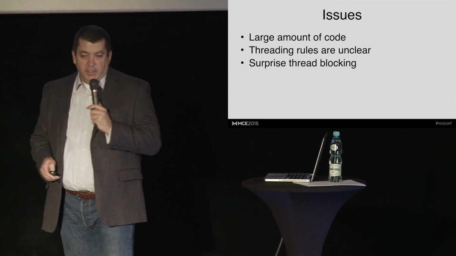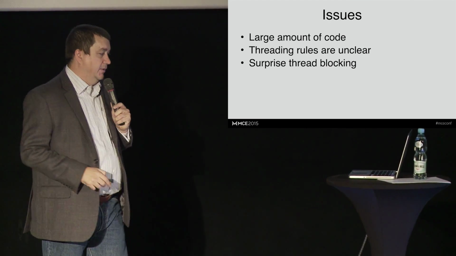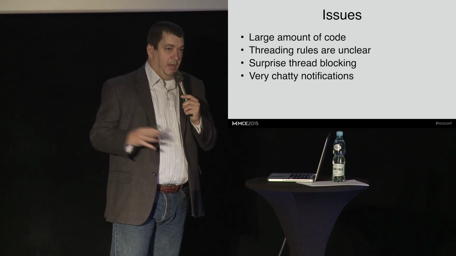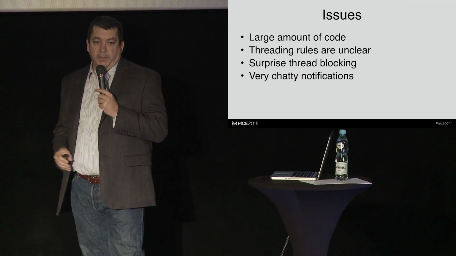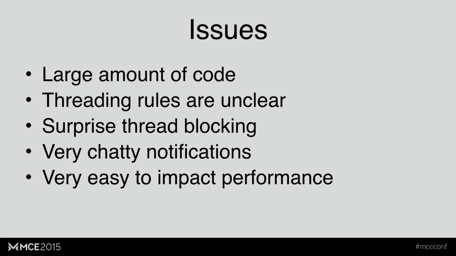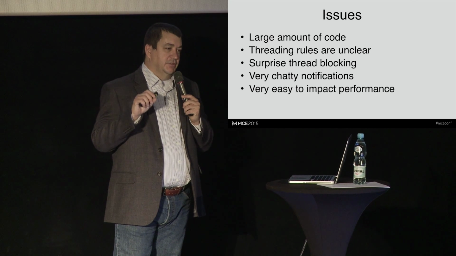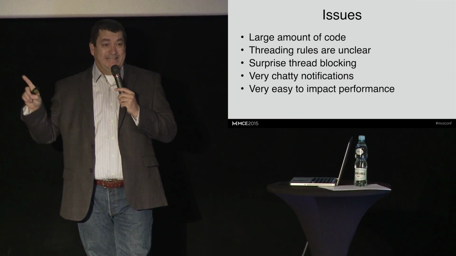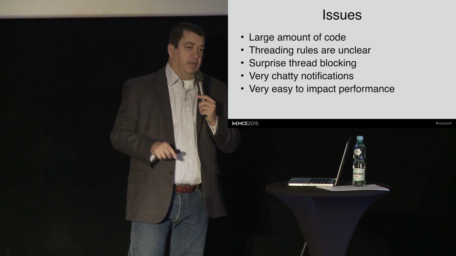So surprise thread locking was another problem with the original way that we did things. And the very chatty notifications. You had to write a lot of notification code to maintain the stuff going back and forth, back and forth. It was a real big pain in the butt. And you didn't want to touch your Core Data once you got it working, because you knew that as soon as you added something to it, you'd impact performance somewhere, and you have no idea where.